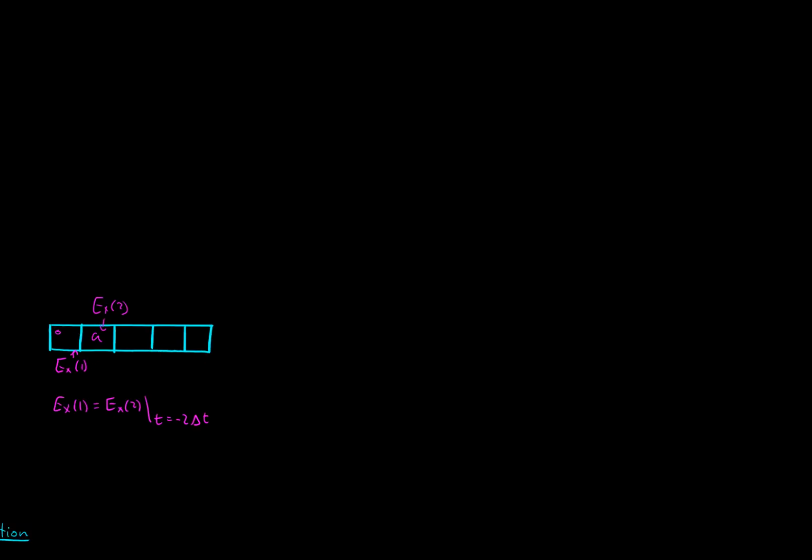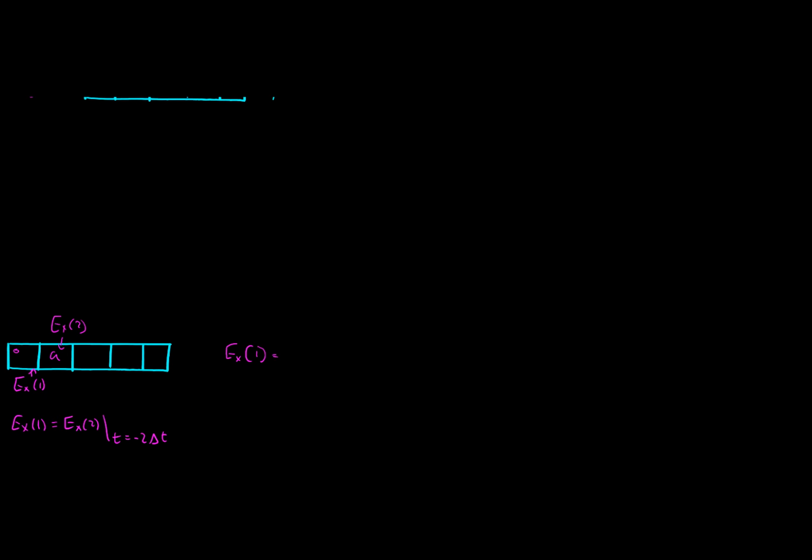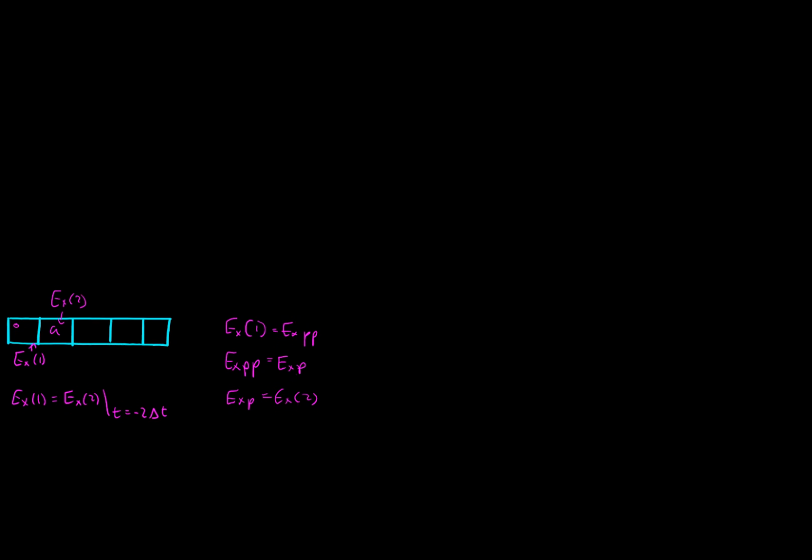In our code, we can just write ex of 1 is equal to ex previous. Now, ex previous is equal to ex of 2. So this is going to take 2 time steps.